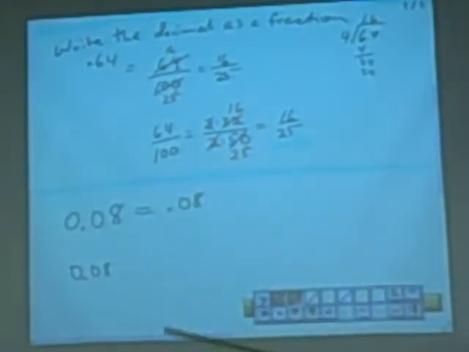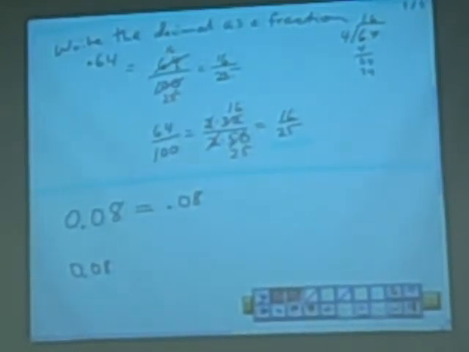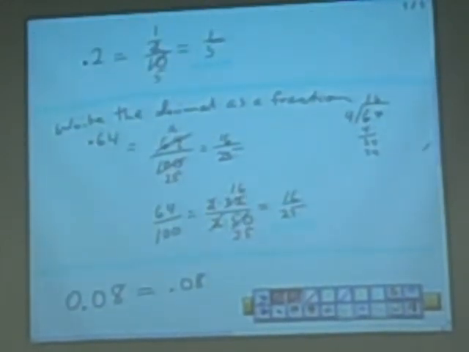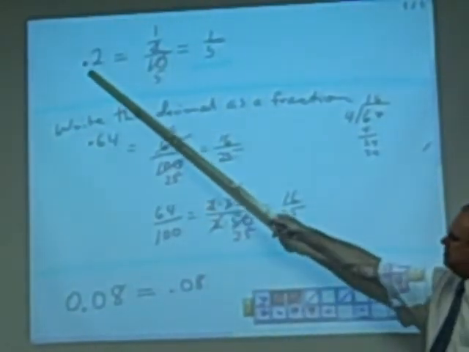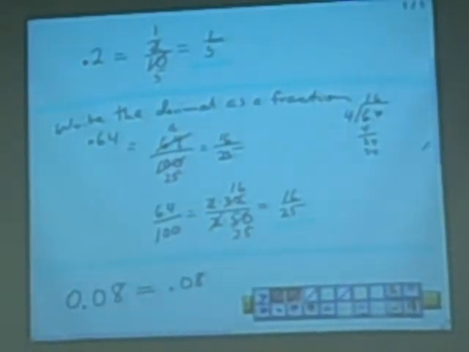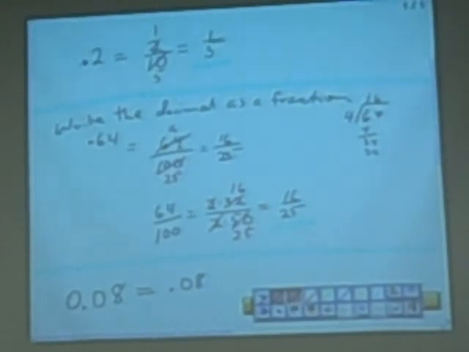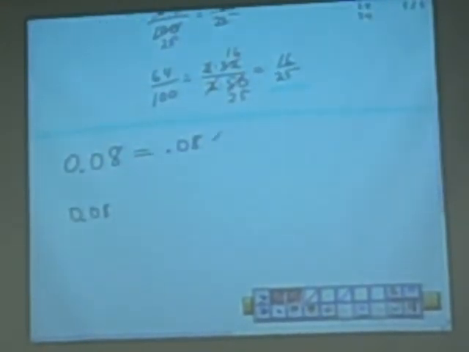Like above, we had 0.2. It's easy to miss that decimal, and somebody could just see it as a 2 instead of 0.2. So with a 0 in front, it's a little bit harder to miss the decimal point.